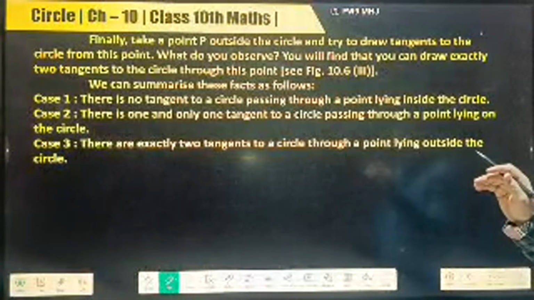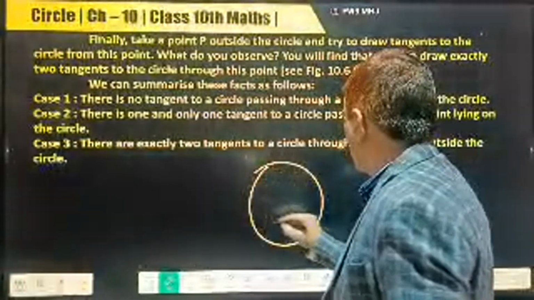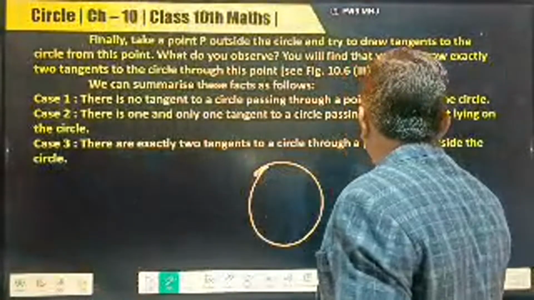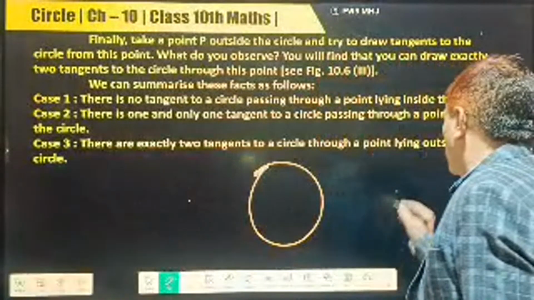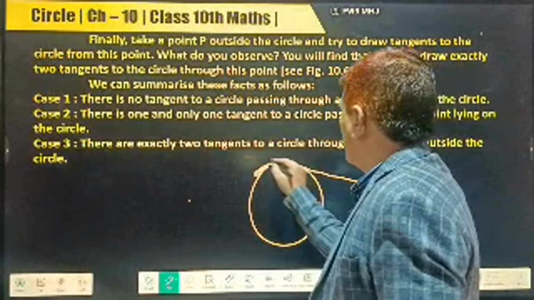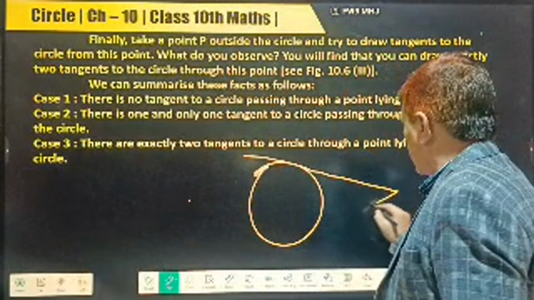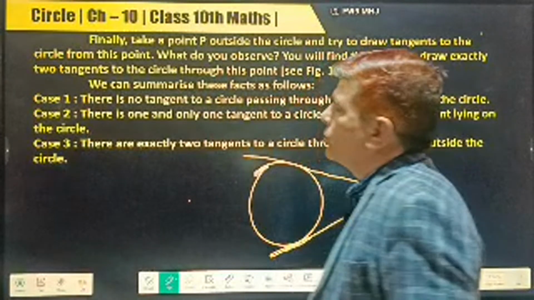Finally, take a point P outside the circle. So this is a circle, and we have a point here, here, anywhere you can take. And if you draw a line segment which passes through this point, touching the circle, how many tangents are possible? 2 tangents possible.